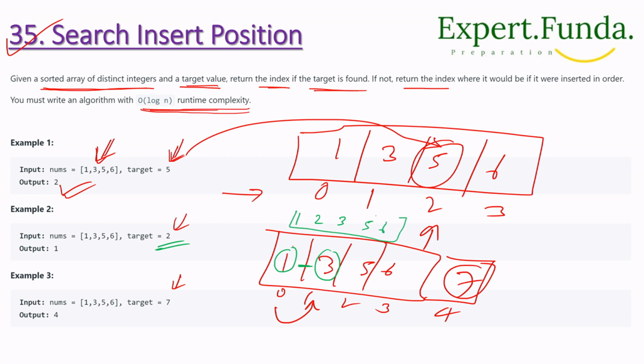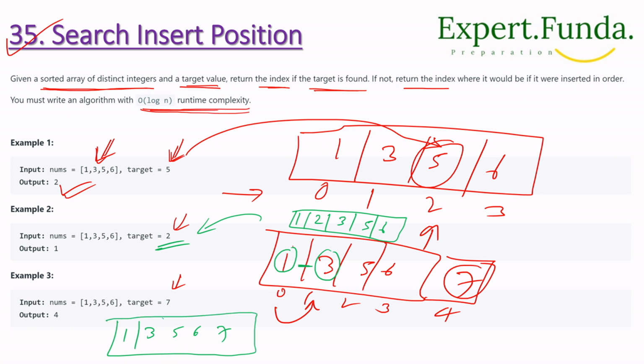For the other one, it will become 1 3 5 6 7. The new array will become like this. So you have to find the correct insert position. Similarly for this one, it becomes 1 3, next insert 5, 5 6.